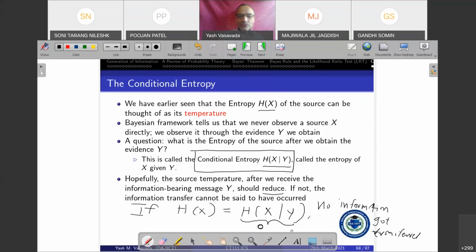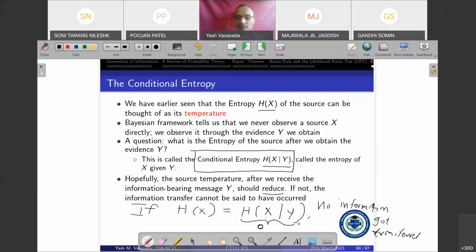Okay, so for the best type of information transfer, this conditional entropy becomes zero after you get a particular measurement. Whereas in reality, this test will have this P value, right?